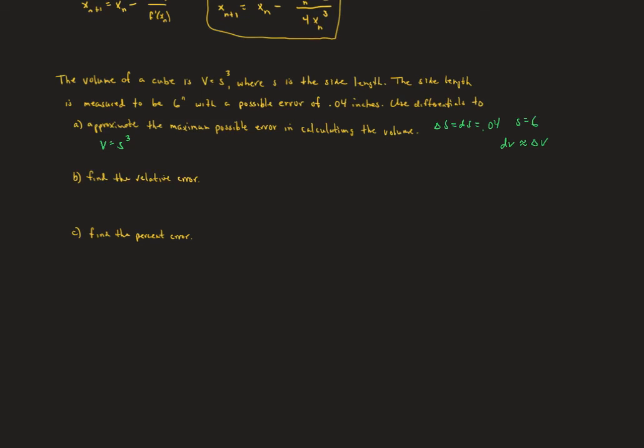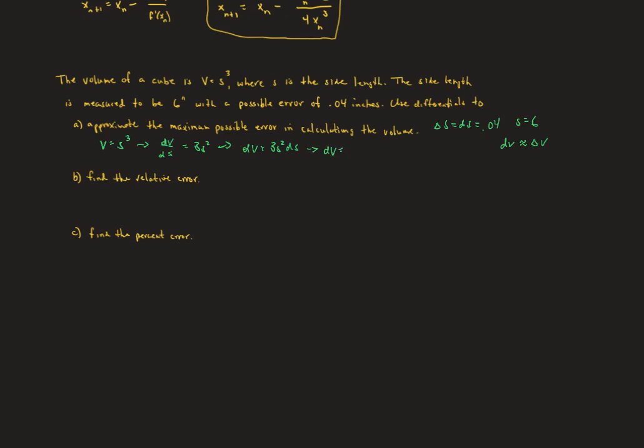So we start with V equals s cubed. We'll take the derivative of the volume with respect to s, and that's going to be 3s squared. We'll multiply the differential ds to the other side, and so we get dV is equal to 3s squared ds.